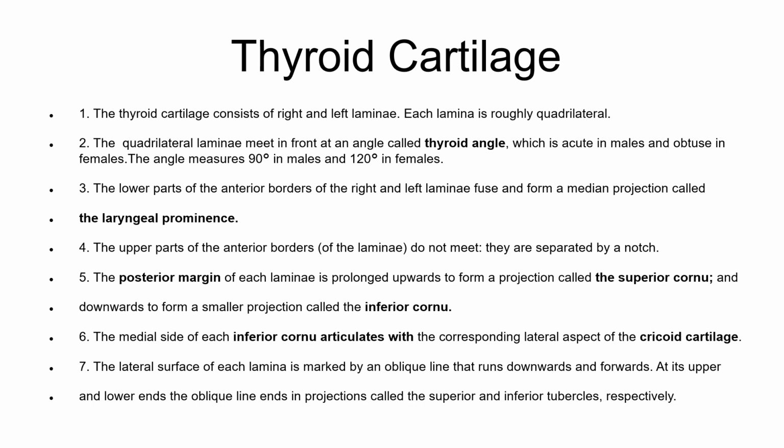Cornu means horn. And when it projects downwards, it forms a smaller projection called the inferior cornu. So superior and inferior cornu and notch are the parts of the thyroid cartilage. The inferior cornu will articulate with the corresponding cricoid cartilage.